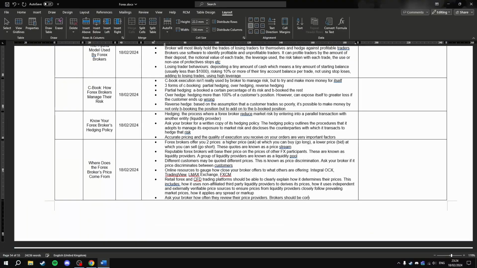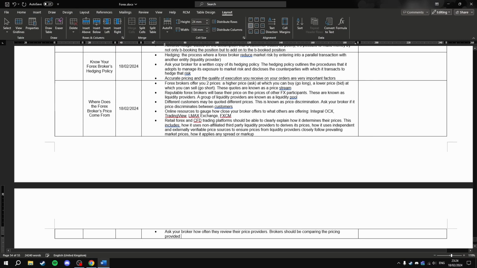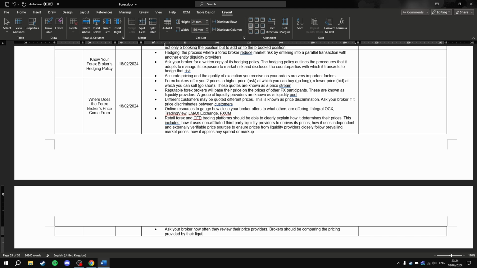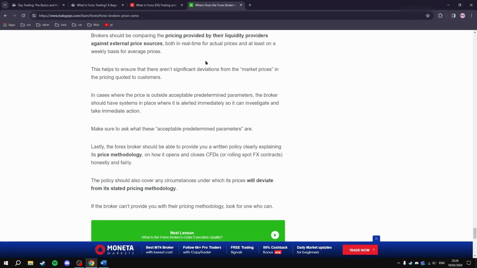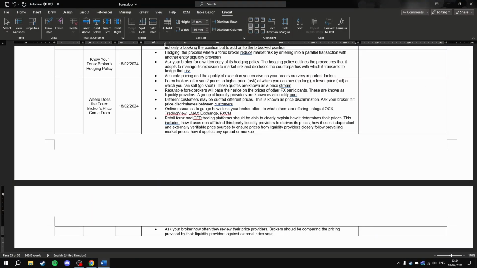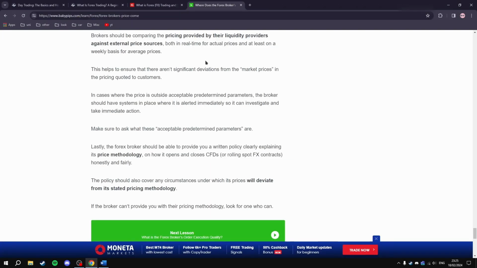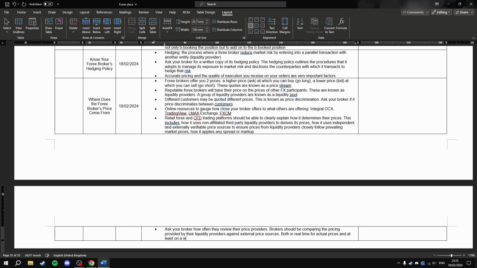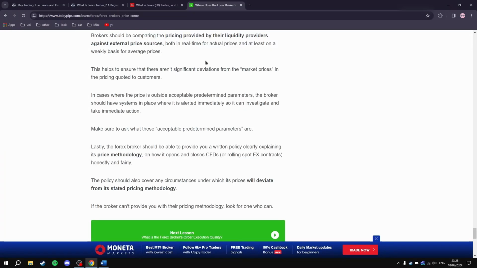This helps to ensure that there aren't significant deviations from the market prices in the pricing quoted to the customers.